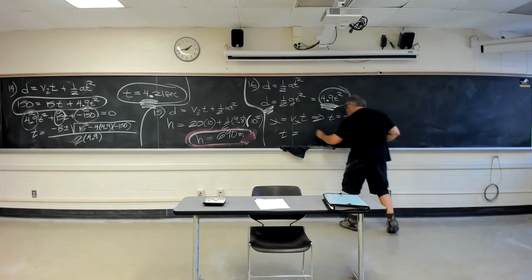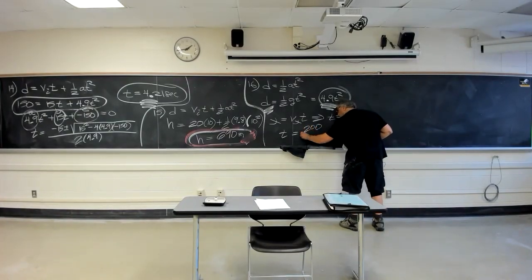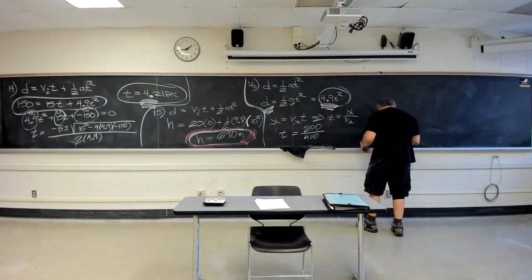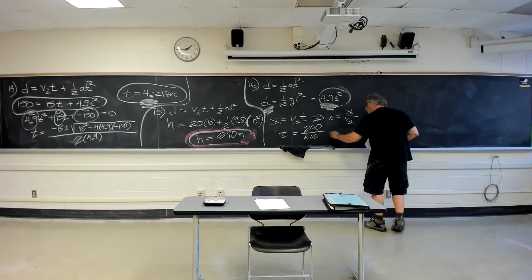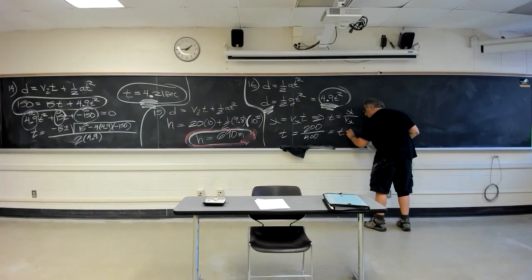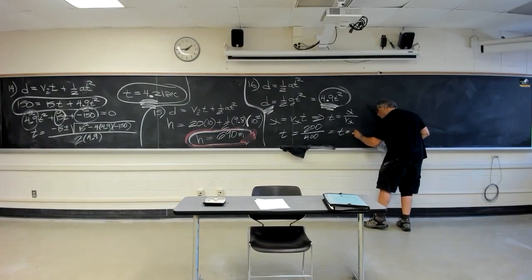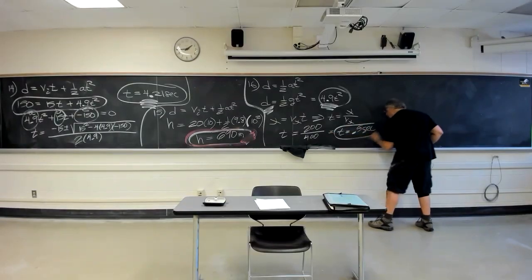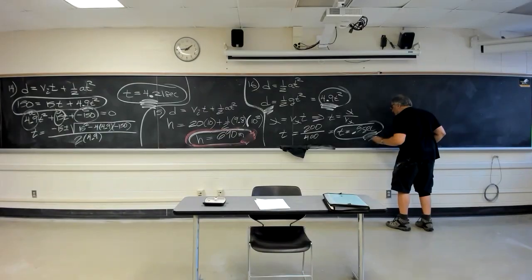X is 200 meters away, where the target is. The x component of velocity is the way the gun was fired, at 400 meters per second horizontal. Here we go. T is equal to 0.5 seconds. That is the time of travel to get to the target.